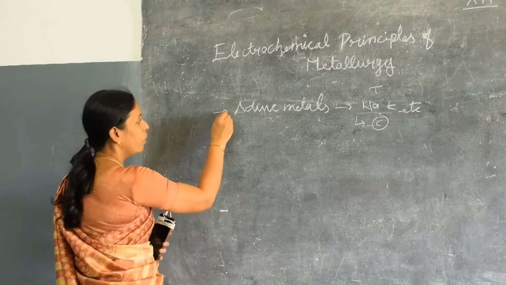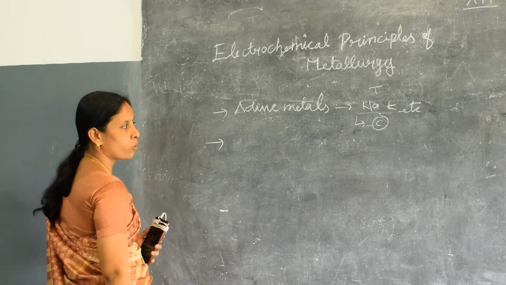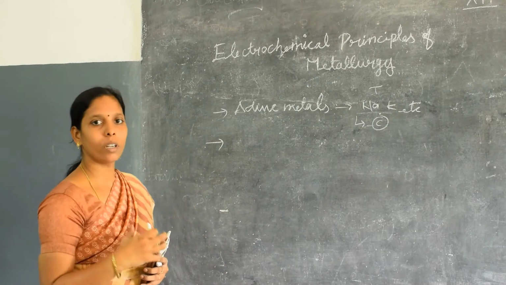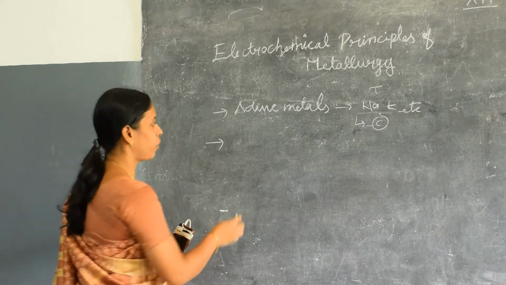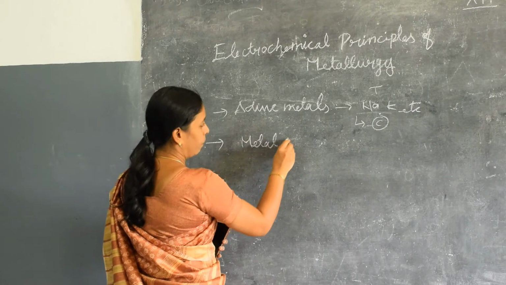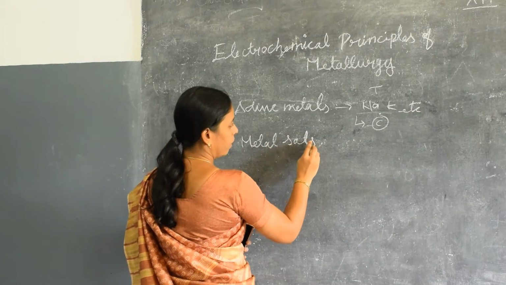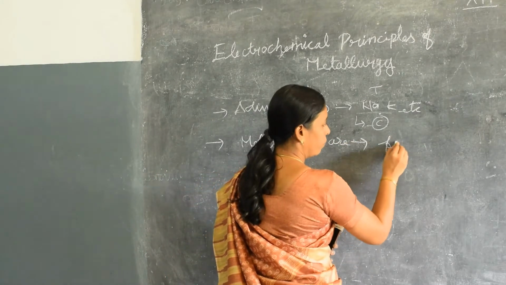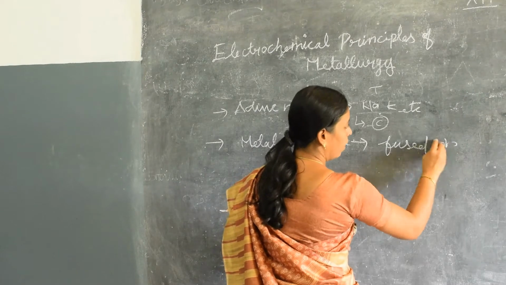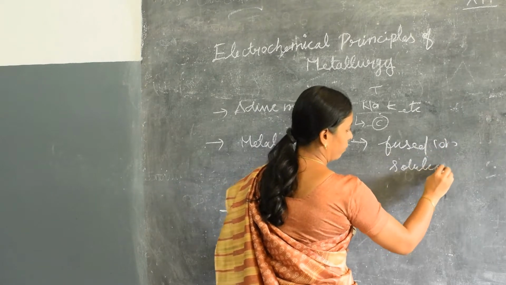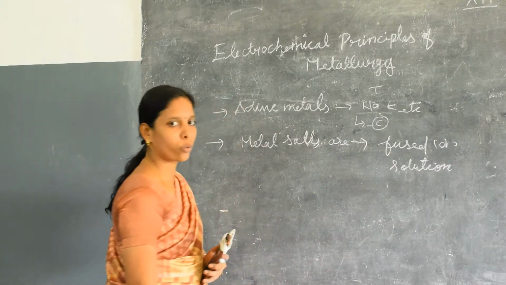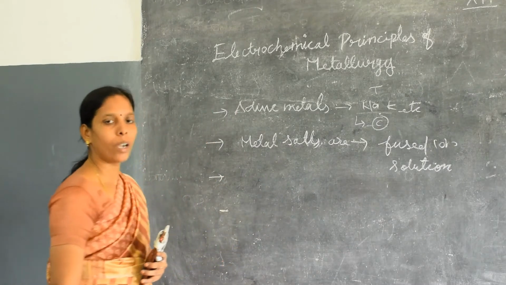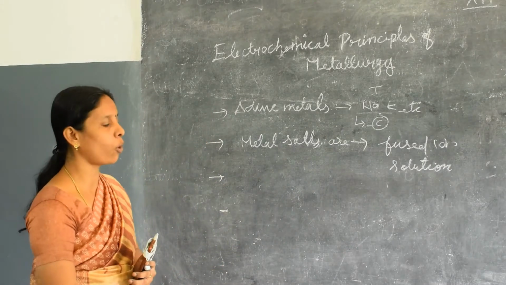Now, the metal salts are taken in a fused form or solution form. In this technique, metal ions can be reduced by using a suitable reducing agent or electrolysis.